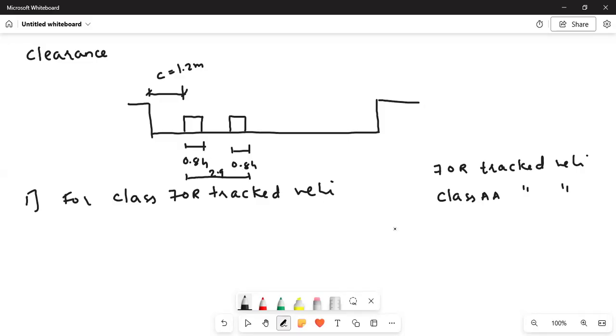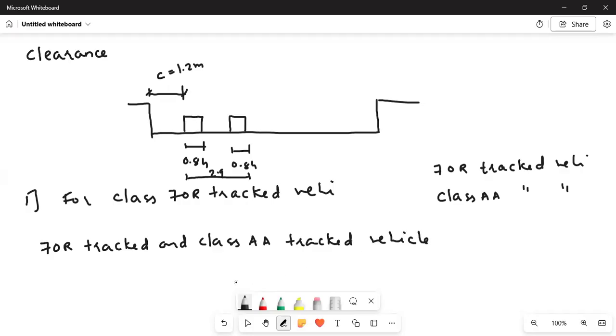One more thing you need to see. 70R tracked vehicle and class AA tracked vehicle are only provided in the bridge when the width of the carriageway is 5.3 and above.